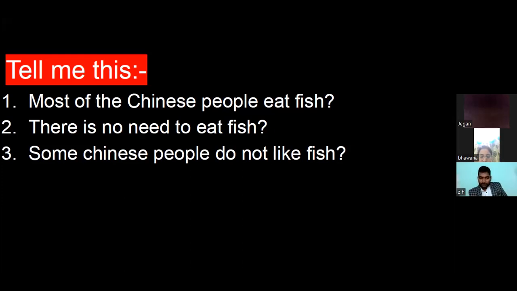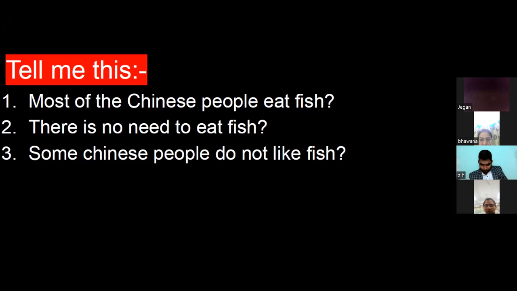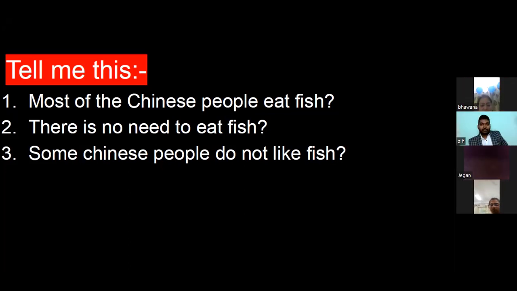What according to you? I am going along with some Chinese people do not like fish because in every society, there are chances some people like fish, some people don't, and 1 and 2 are not that general. Statement 3 seems most plausible because there will always be some people who will not like fish, who will not like milk, who will not like some vegetable.